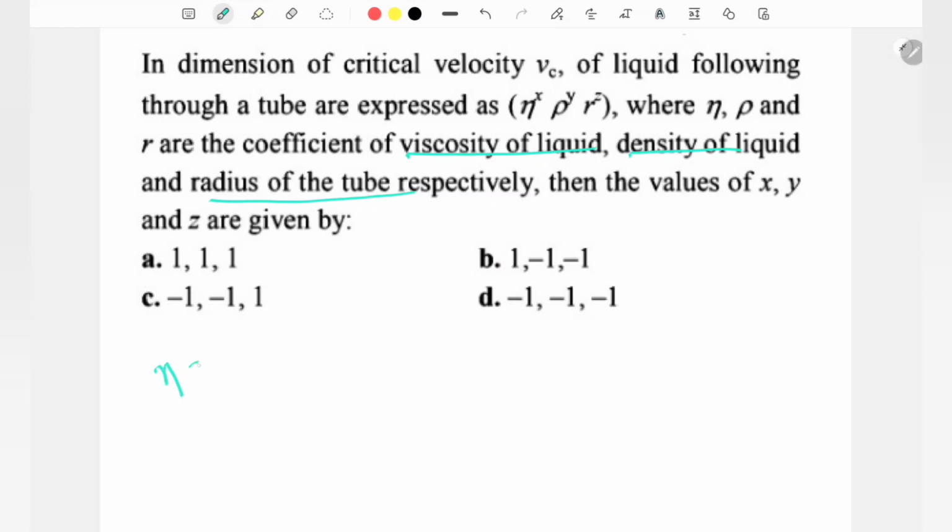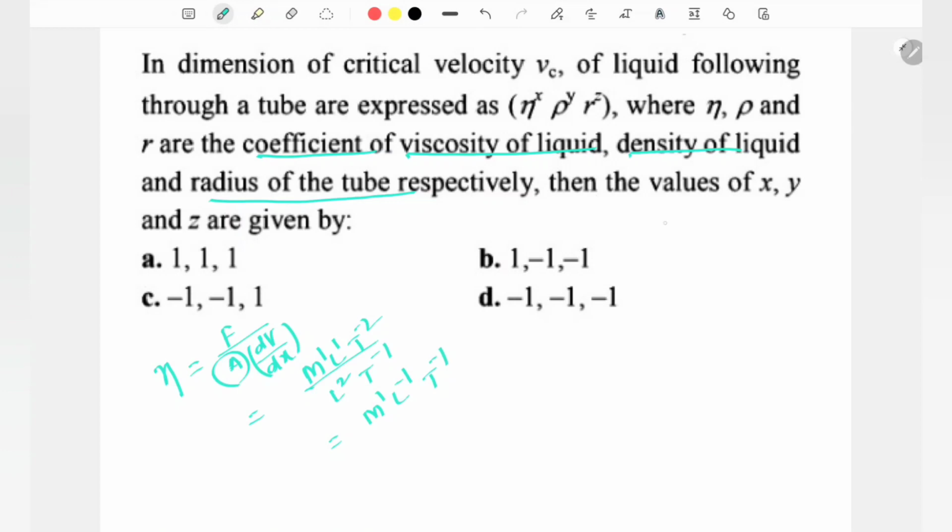We know that eta, the coefficient of viscosity, can be written as F by A into dV by dx. Here the dimensional formula for force is M power 1 L power 1 T power minus 2, divided by L square for area, and for dV by dx the dimensional formula is T power minus 1. By simplifying, we get M power 1 L power minus 1 T power minus 1 as the dimensional formula for the coefficient of viscosity.